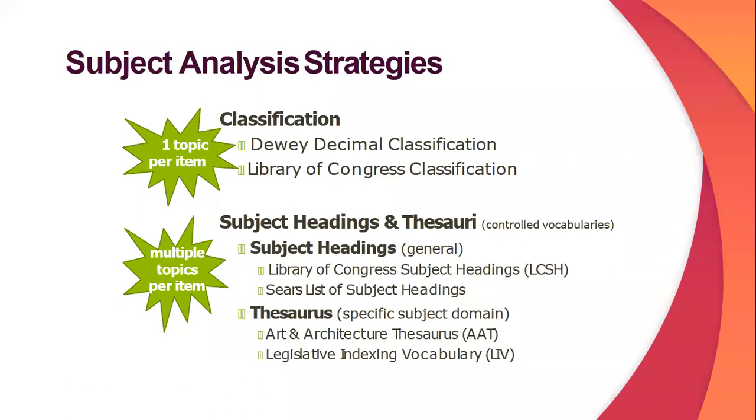Subject analysis strategies, classification. There are many classification schemes widely used in the library. The most common are the Dewey Decimal Classification and the Library of Congress classification. Next is the subject headings and the thesauri, the controlled vocabularies, with multiple topics per item.